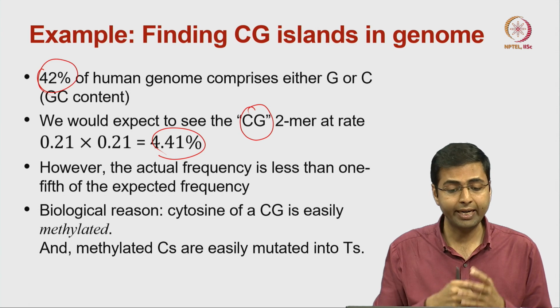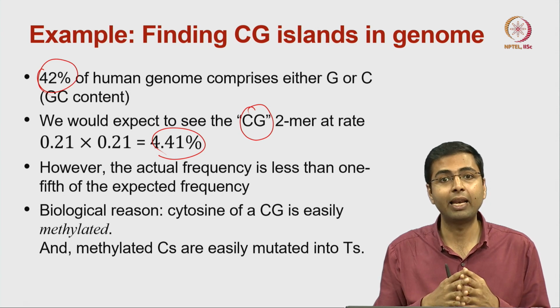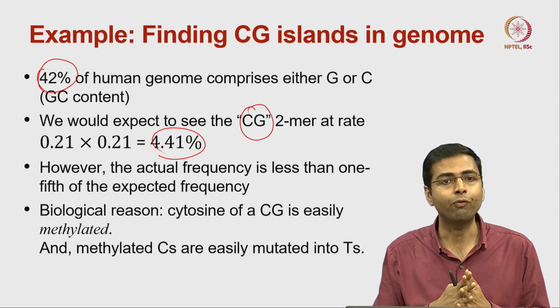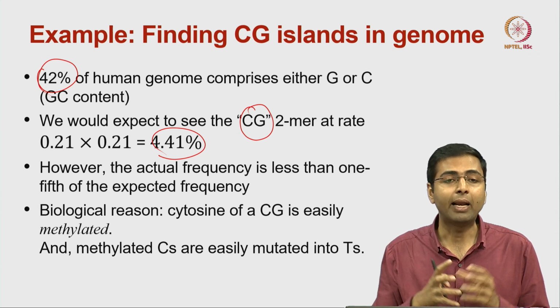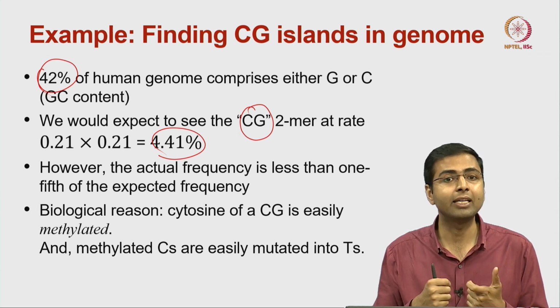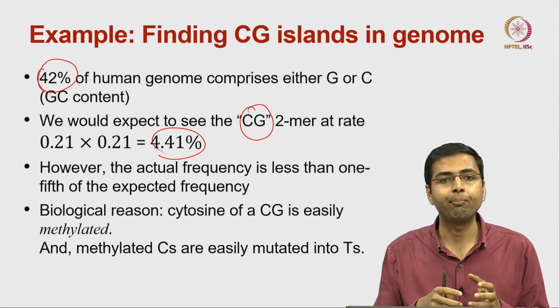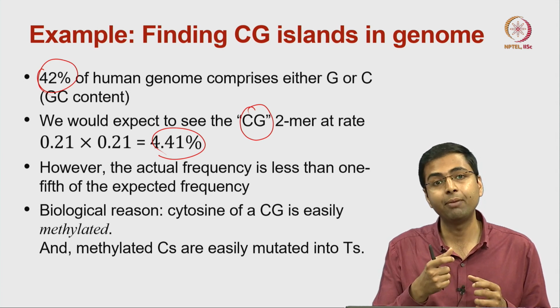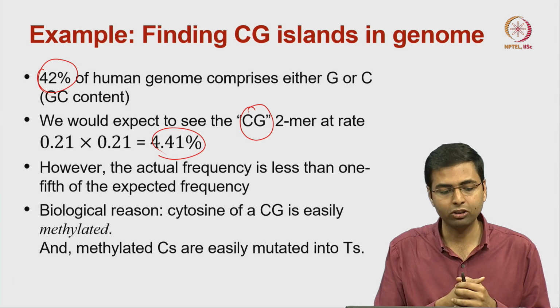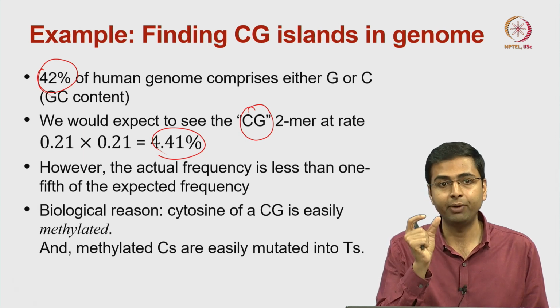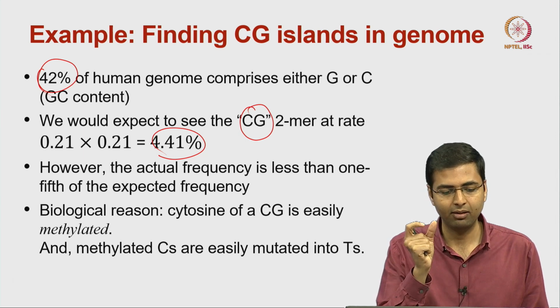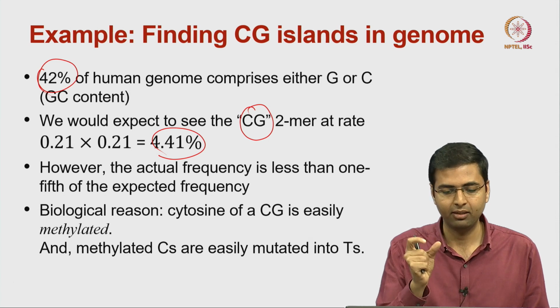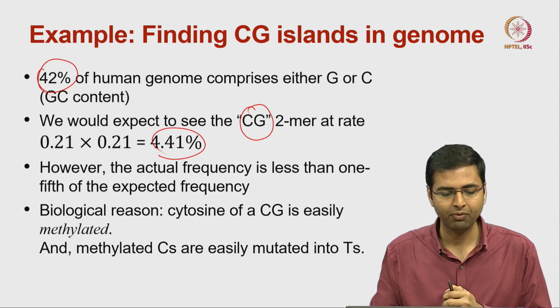However, it turns out that in reality the actual frequency is less than 1/5 of the expected frequency. The biological reason for that is that the cytosine, that is the C character of a CG, is easily methylated, that is, it becomes chemically modified because of the attachment of a methyl molecule on the DNA sequence.